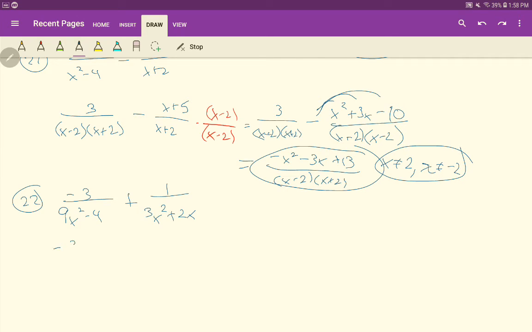So this will factor to be 3x minus 2, 3x plus 2. And then what can I factor out here? The only thing I can factor out here is a GCF of x. So x and then 3x plus 2. And they have some stuff in common. That's good. Okay, so again, we just ask ourselves, what is this denominator missing that this denominator has?